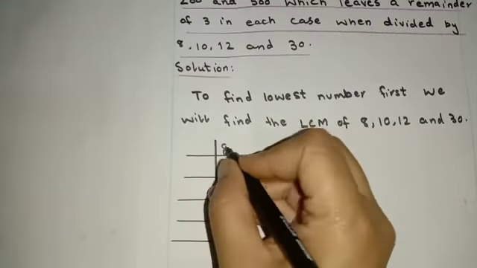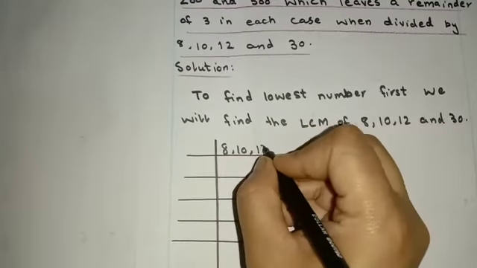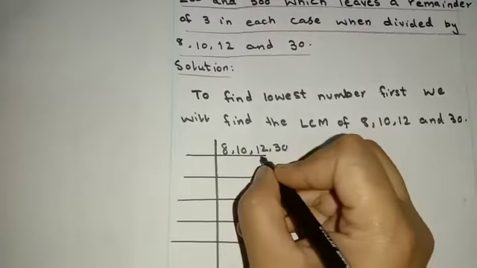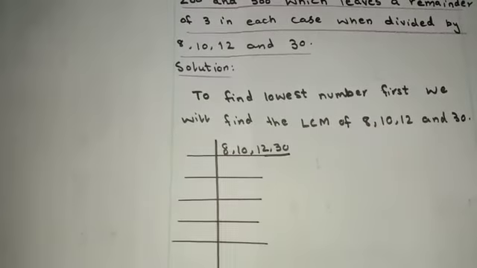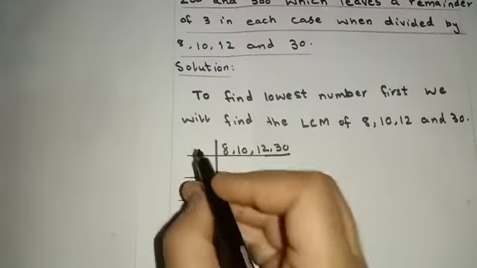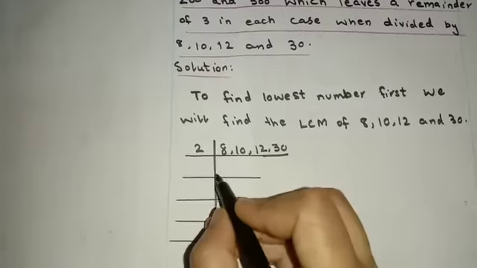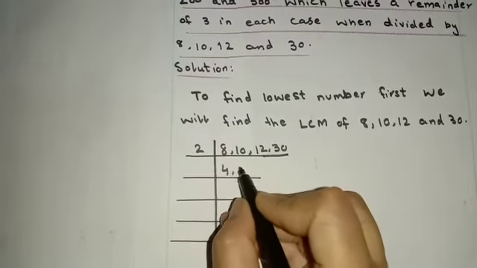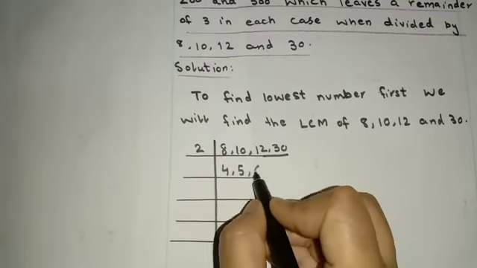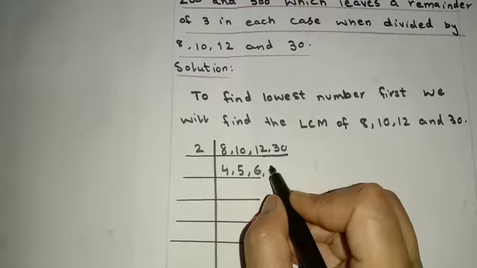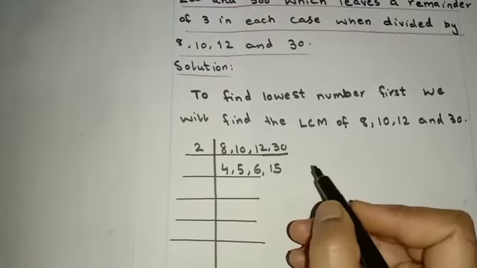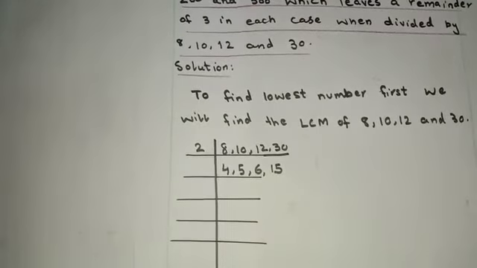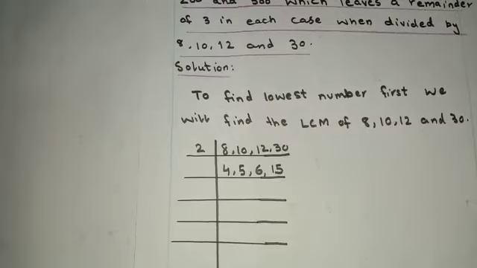We will find the LCM of 8, 10, 12 and 30 combinedly through the division method. Now starting with the smaller number, 2 fours are 8, 2 fives are 10, 2 sixes are 12, 2 fifteens are 30.